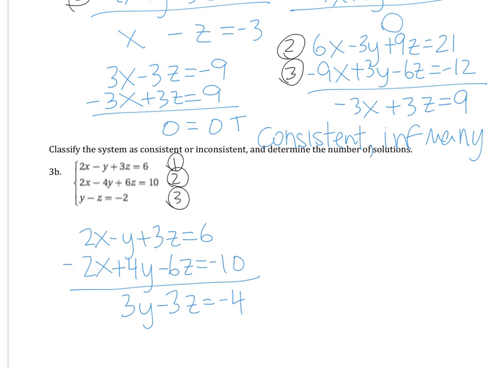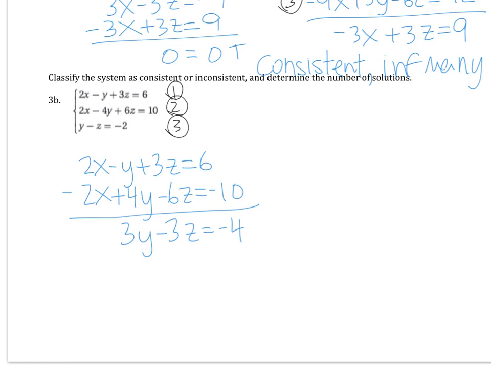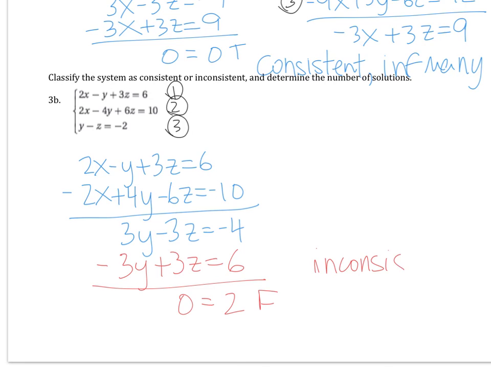And then take equation 1, multiply it by a negative 3, or I'm sorry, equation 3, multiply by a negative 3. Add those together. I get 0 equals 2, which is false. So this is inconsistent with no solution.